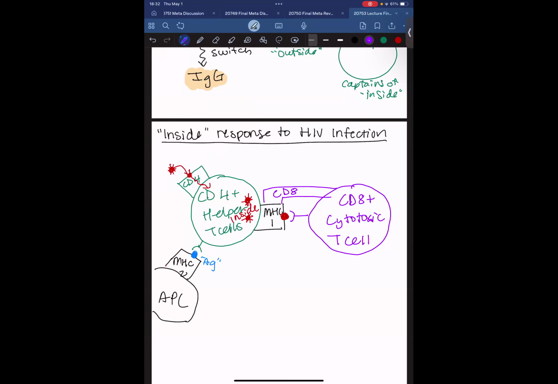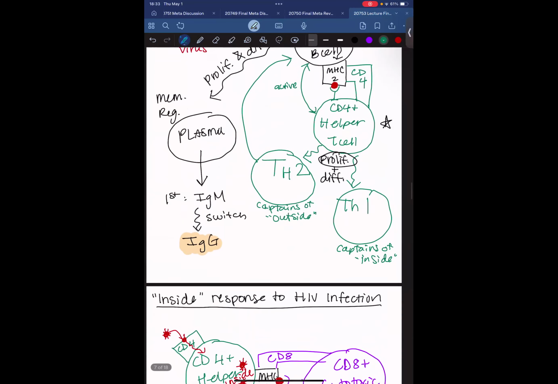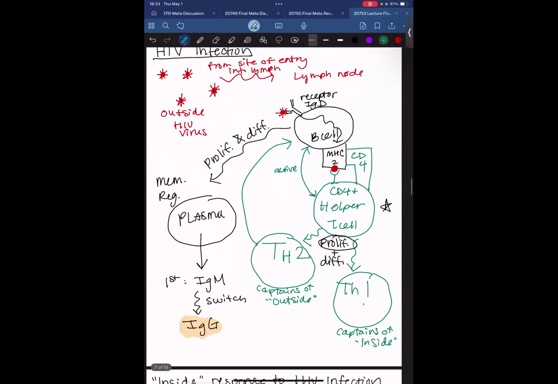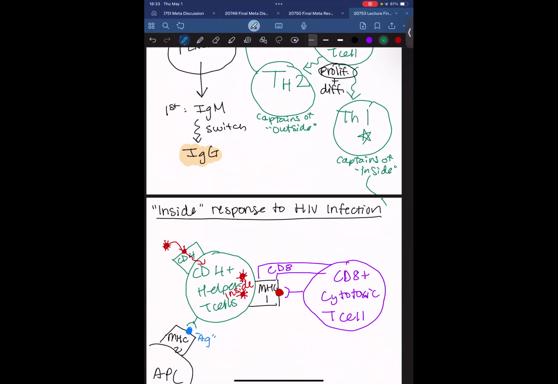But this CD4 T cell is now infected inside with HIV and is calling out for help with HIV antigen. This is a CD8 positive T cell that sees HIV antigen. So it needs to get a signal from a Th1 cell that also sees HIV, which we activated up here. Our captain for the inside stuff will come over here and activate this.